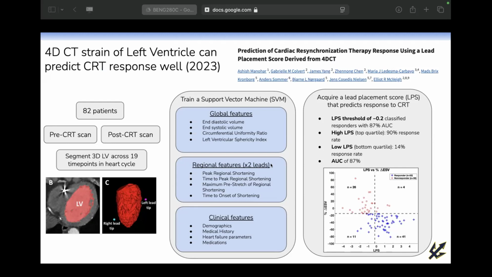By moving to the last box, they then trained a support vector machine to generate an overall score per patient, and by assigning a threshold value, patients above this value were predicted to respond to the CRT, and below this value, they would not respond. The overall conclusion was that both the global and regional strain metrics of the left ventricle could be used to predict CRT response. And with this model, they achieved AUC, or area under the curve, of 87%.